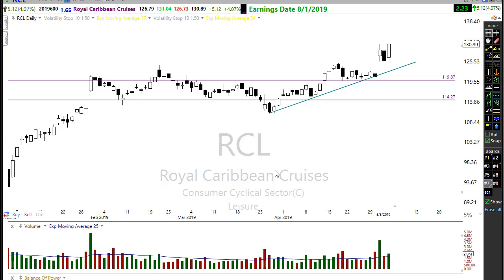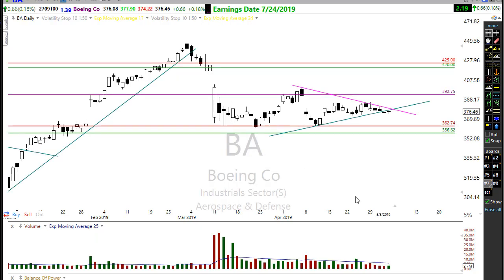I try to stay with those basics. I try to stick with those basic patterns that are pretty easy to identify, pretty easy to see in a chart. I mentioned Boeing the other day as a potential trade.